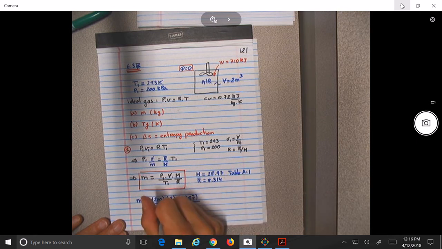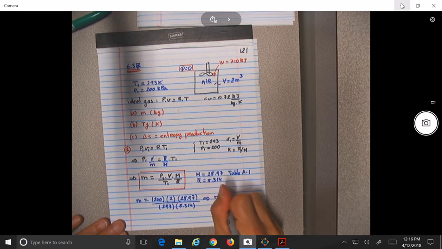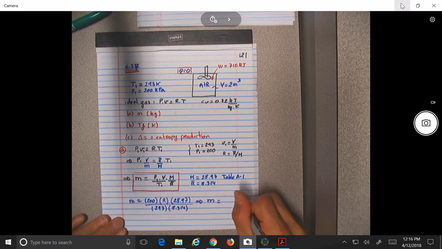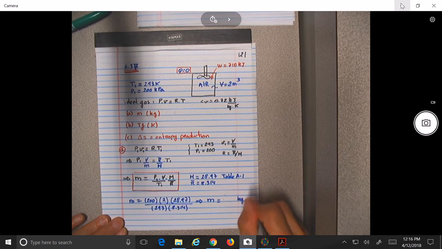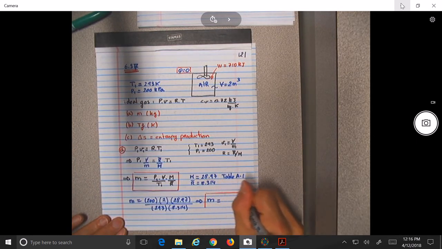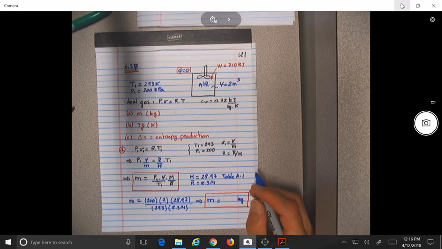Divided by 293 times 8.314. So for once, you see, I can check. So what do you get? Here they have 4.76, whatever you want, 4 points.